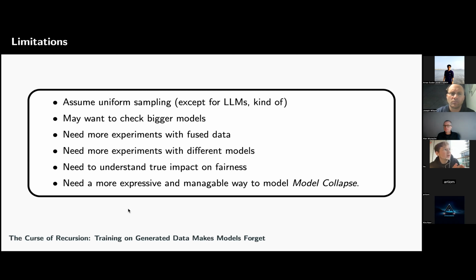Our current theory is relatively general, and I'm sure there are ways to model this much more nicely, where we can actually predict behaviors and say that for a generation X, we need to sample n times more data in order to contain the effects of model collapse. This is not really possible yet in our current theoretical work, except for single-dimensional Gaussians. For them we can do that, but it's not very useful.